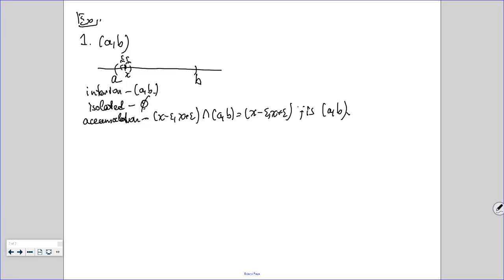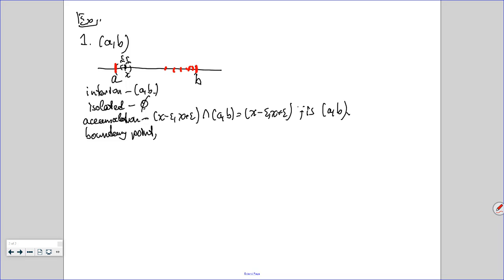The last one is the boundary points. Boundary points are the points such that for all epsilon greater than 0, the neighborhood of x has one point from the set AB and another from the complement of the set AB. We found that the interior of AB is itself, so whatever point we take inside, it cannot be a boundary point, since there exists some epsilon for which the neighborhood is contained inside AB.